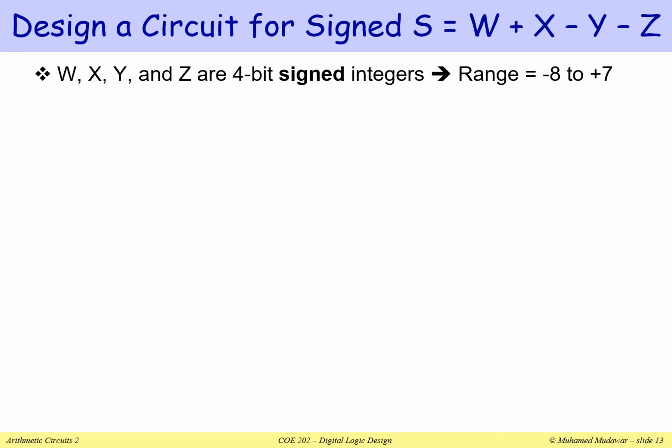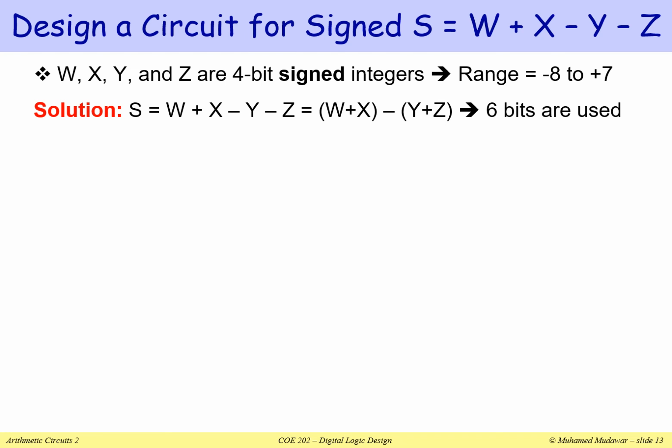To calculate W plus X minus Y minus Z, I can put between parentheses minus, between parentheses, Y plus Z. So I can rewrite my sum like this. I can calculate W plus X using one adder, and then minus (Y plus Z) can be calculated with another adder.